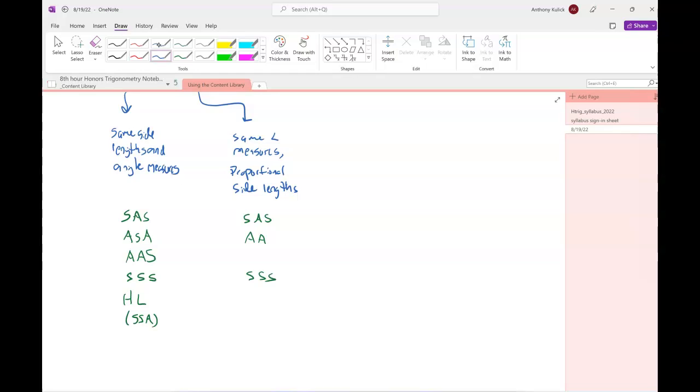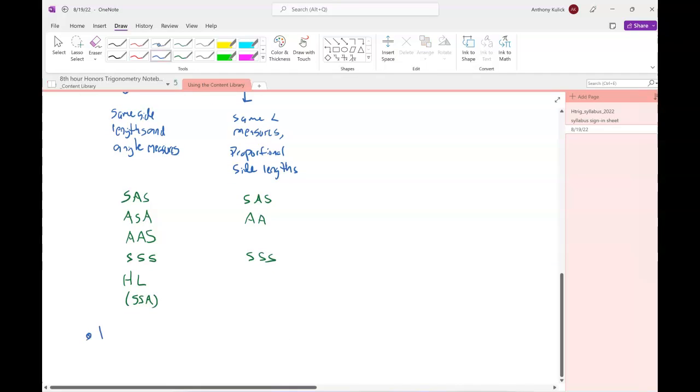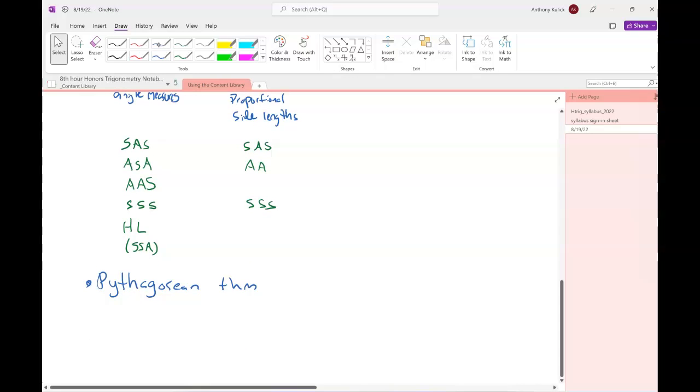What's another geometry triangle-related topic that you might remember? Pythagorean theorem. Okay. What does the Pythagorean theorem say? I think there's a little bit more to it than that. Does that always work? A squared plus b squared equals c squared?